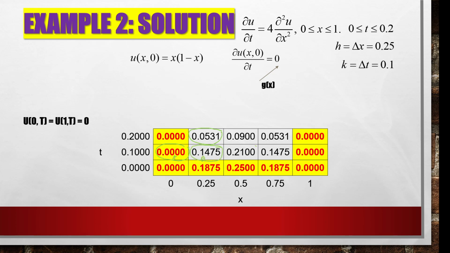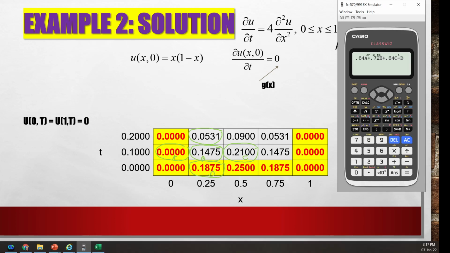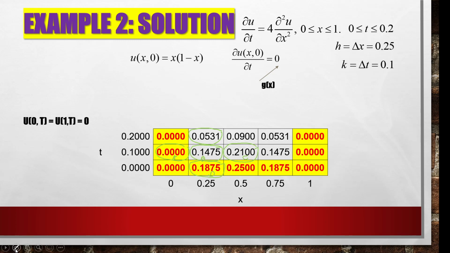This is B, this is C, this is D. So you calculate A is 0, B is 0.1475, C is 0.21, D is 0.1875. So you get 0.0531. Okay, and then to calculate U22, I have to erase, otherwise very messy.